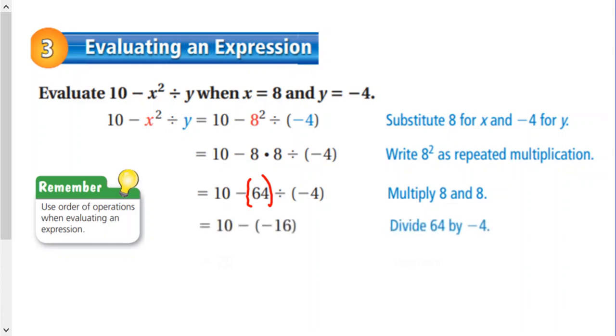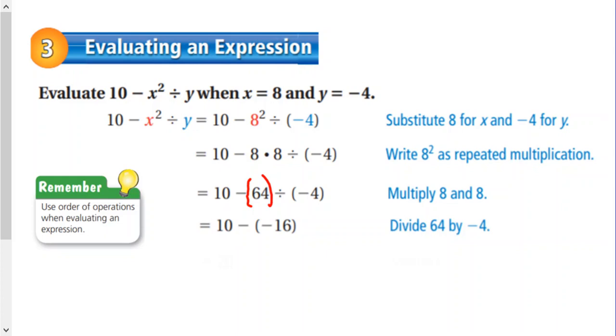So now, after we divide, negative 4 goes into 64 negative 16 times. Okay, and if we look back at our rule, positive 64 divided by negative 4, there is one negative there, so our answer will be negative. And now we can simplify 10 minus negative 16.